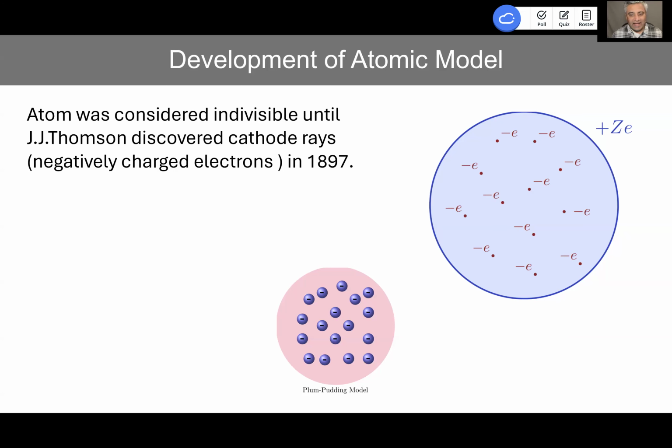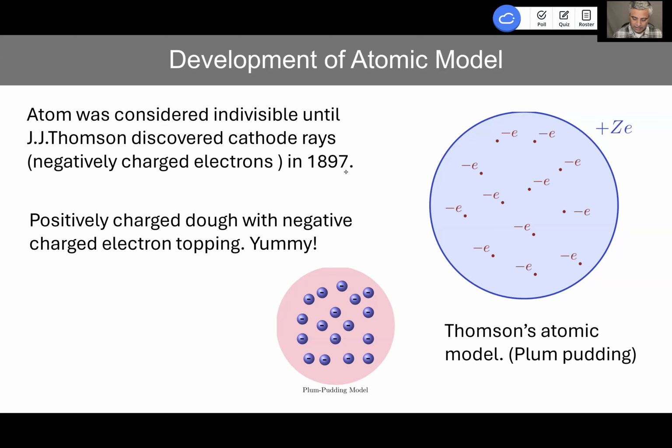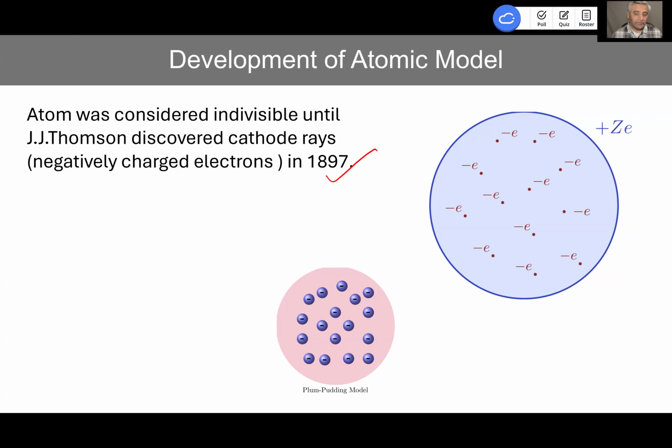So what's inside the atoms? This experiment that I have listed here basically discovered what's called cathode rays at that time. Turns out those were electrons. So electrons were discovered at that time, coming out of the atom that was thought to be the smallest unit and unbreakable.